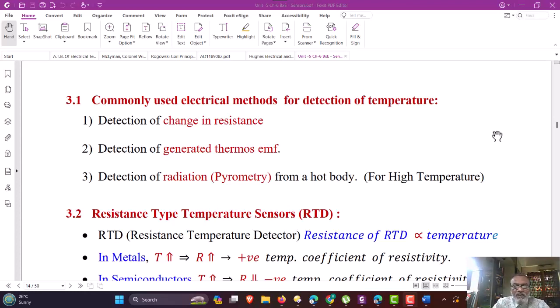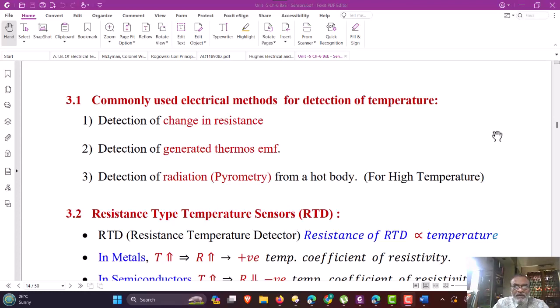Detection of thermo EMFs: some materials generate an EMF which is proportional to the temperature change. If we detect this thermal EMF, we can measure the change in temperature.